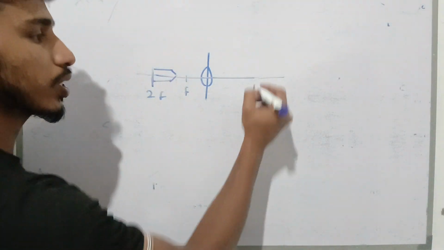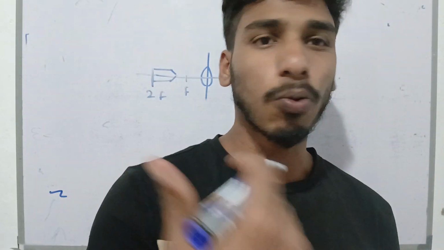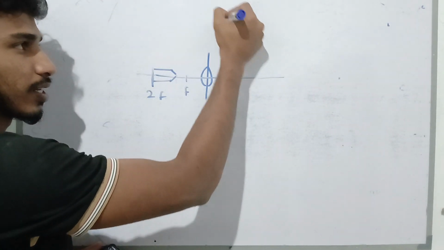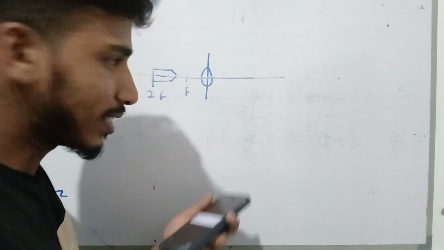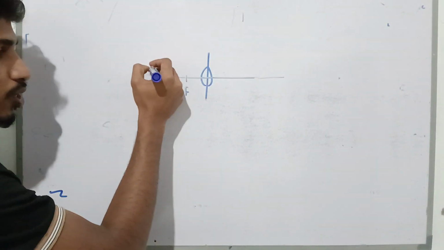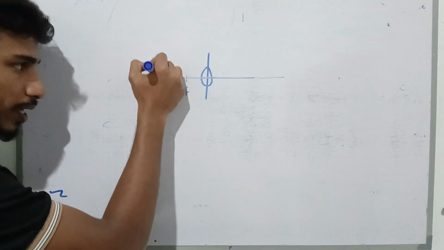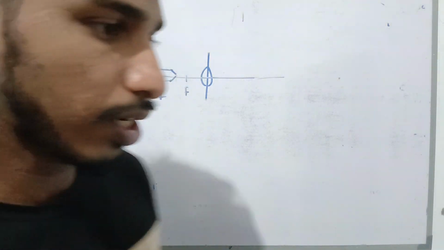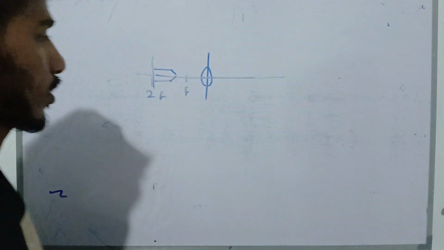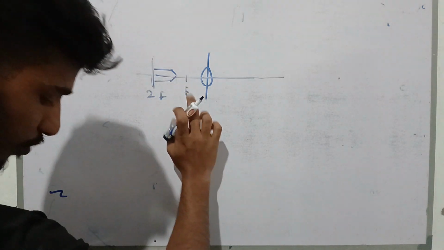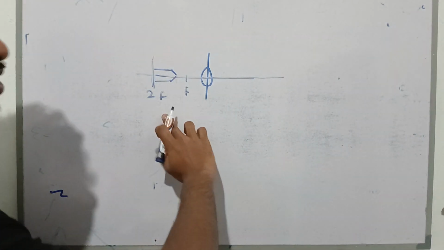So if you just focus on how the image will form, now don't complicate it so much. Now these are something like pieces attached, right? Several pieces get together. So at 2f there is a certain piece. Now I think in our O levels we have learned that we used to say this as the center of curvature.